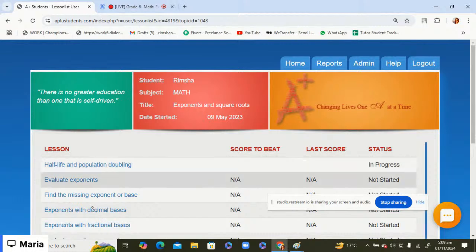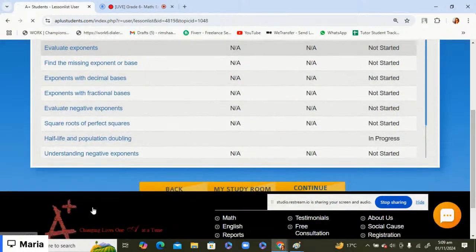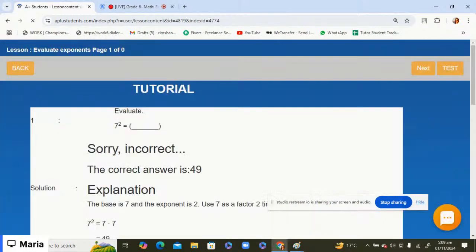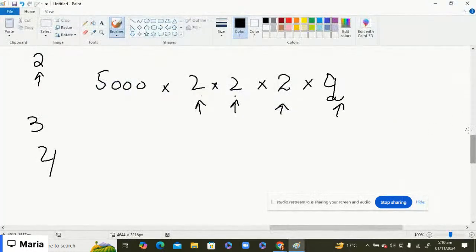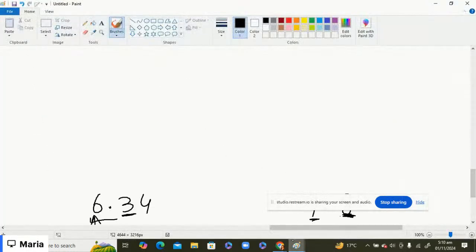So, evaluate the exponents. First of all, let me tell you what is the meaning of exponents. Let's discuss the first definition.